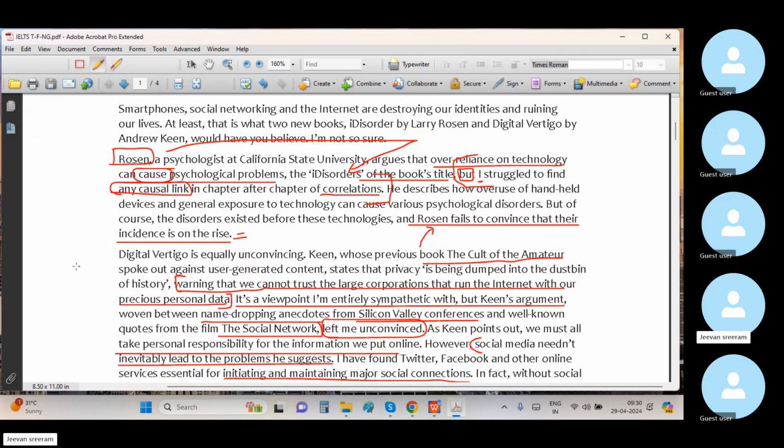Second, he started on Keen's book. Keen also authored another book previously, that was Cult of the Amateur. The author has presented his views on Rosen's book content and also Keen's book content.